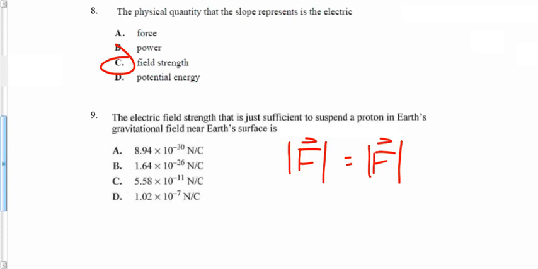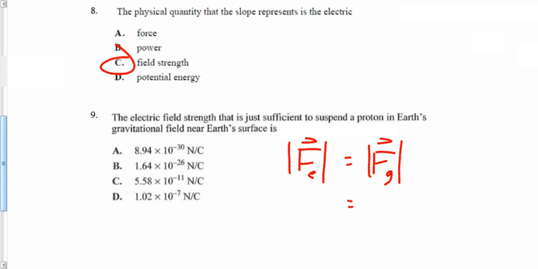The electric force and the gravitational force. The word suspend means balance, equilibrium. Two forces have to be equal. You just have to figure out which two forces they are. Don't set the fields equal to each other. Fields will never be equal. Forces, if it's suspended.